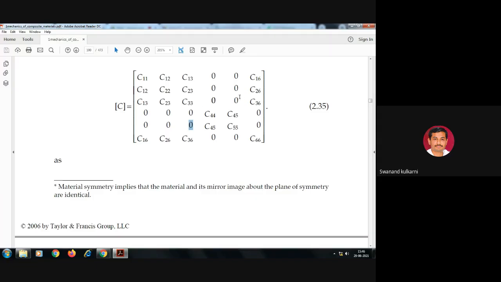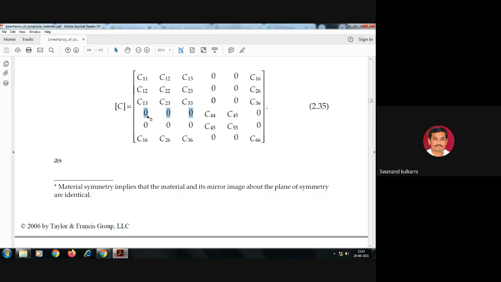Now, if we try to identify the relationship, if it is stress sigma 1, then epsilon 1, epsilon 2, epsilon 3, this is the parameter which is multiplied to epsilon 4, epsilon 5. Likewise, whenever we calculate sigma 4, this particular row will be taken into consideration.